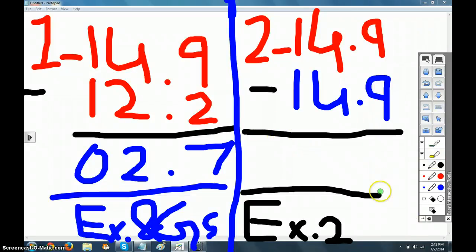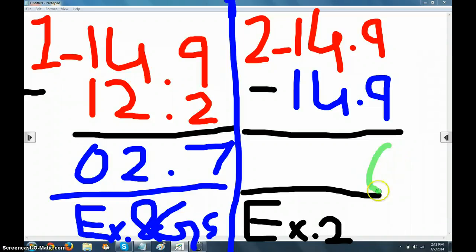So 9 minus 9 equals 0. And let's have a decimal point. 4 minus 4 equals 0. And 1 minus 1 equals 0. Funny, huh? I did it on purpose because I wanted to teach you that we cannot subtract the same numbers in subtracting decimals.